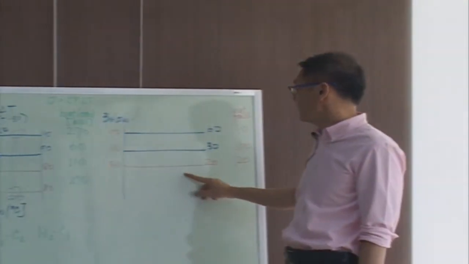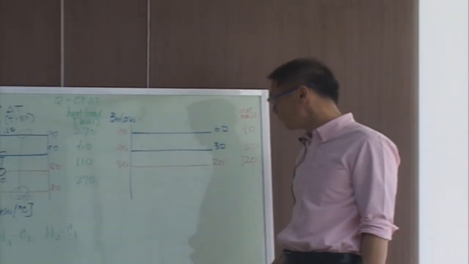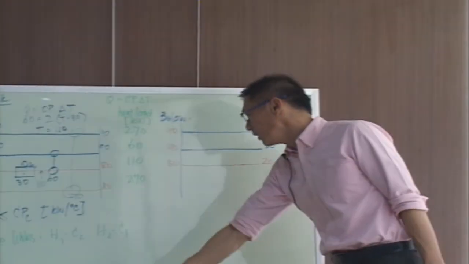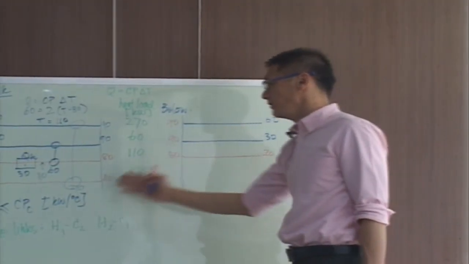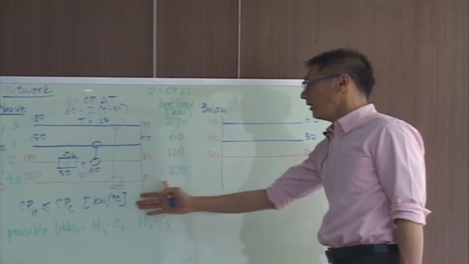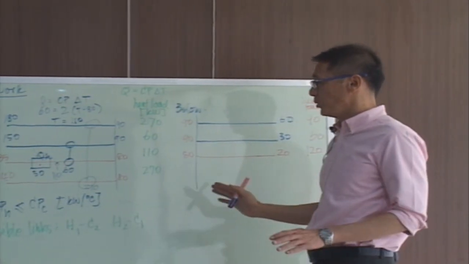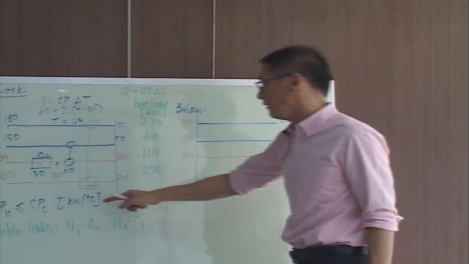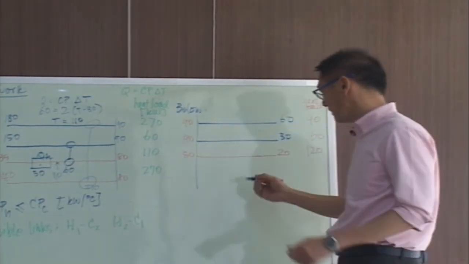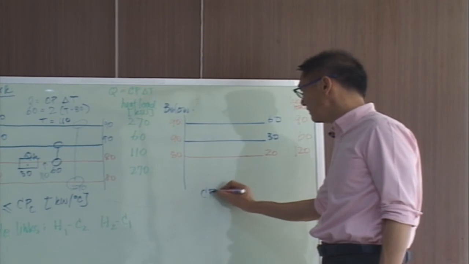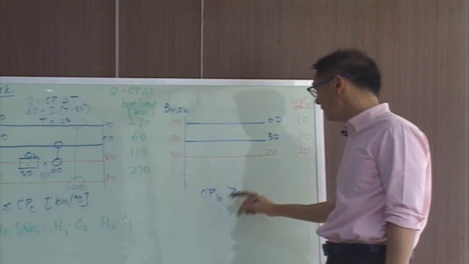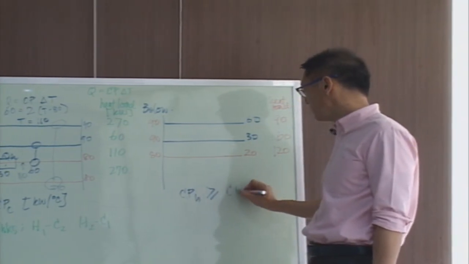So come back to the below pinch. The criteria on this one will be different from that, but in case we don't know what to do first, we just fix to the criteria. So Cp hot must be greater than or equal to Cp cold.